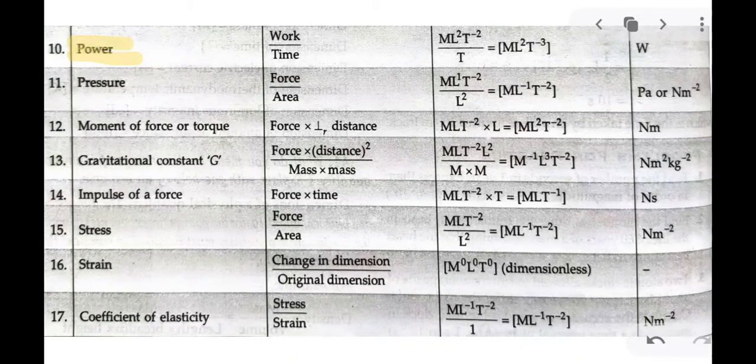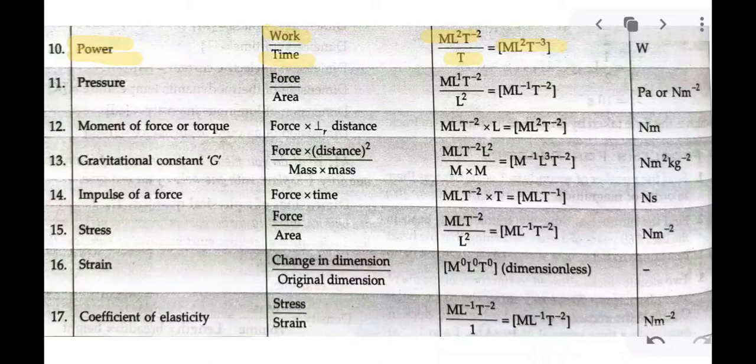For the time being, you just consider power equals work done by time. For the work, the dimension is M L square t to the power minus 2 divided by t. Therefore, I have the dimension M L square t to the power minus 3.